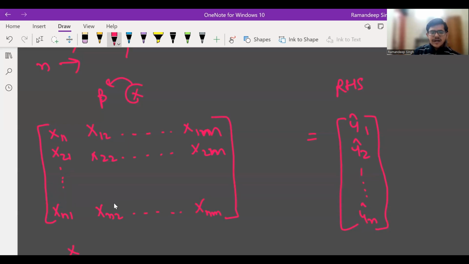So the shape of this matrix will be n into m, right? These are n number of rows and m number of input columns. And I dot product it with beta 0, beta 1, beta 2, up to beta n.